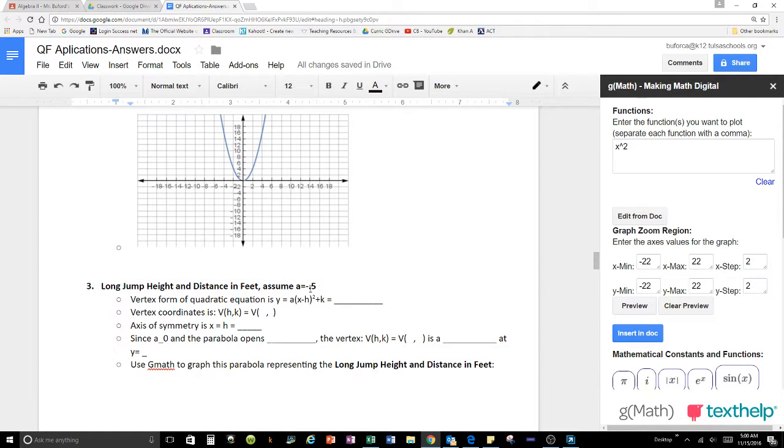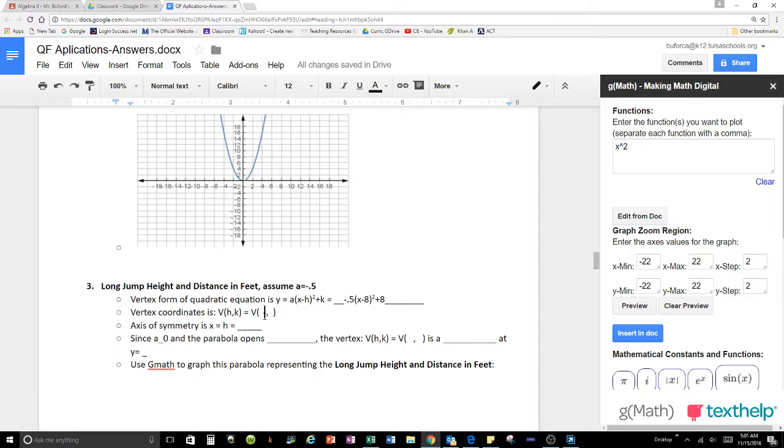We get a equals minus 0.5. So we put that here, a equals minus 0.5. So that's minus 0.5 times x minus 8, squared, plus 8.